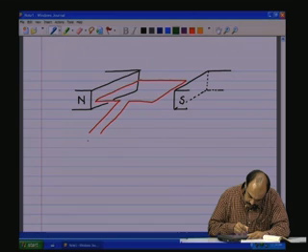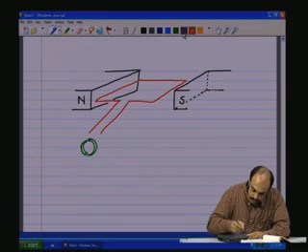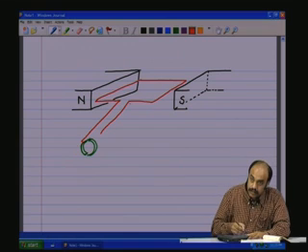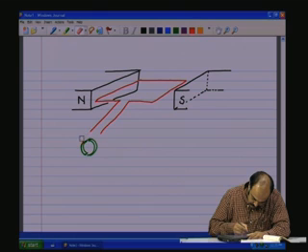So, let us have a ring in this fashion. Now, this one end of the coil is soldered to this. Probably we will solder it from the inside, so that the brushes make contact.